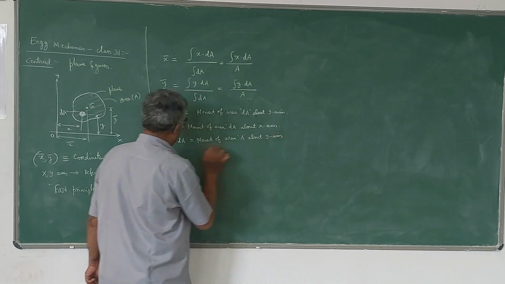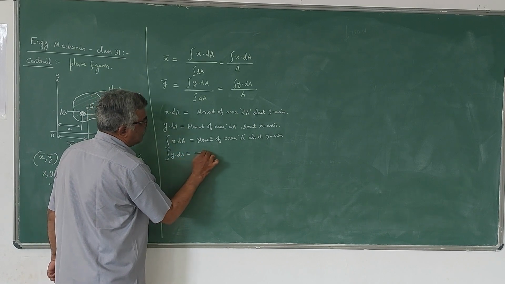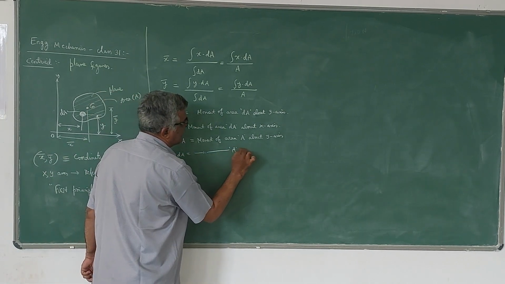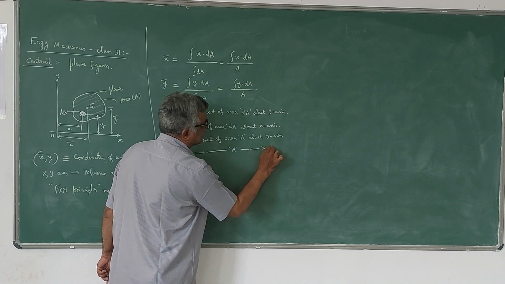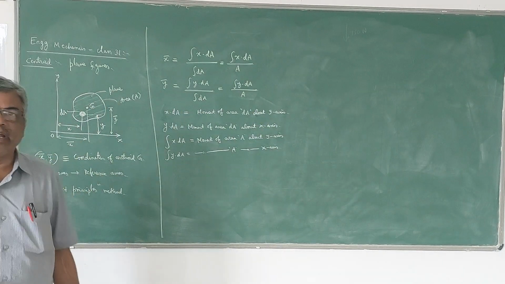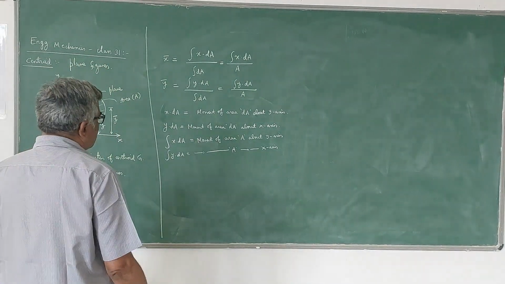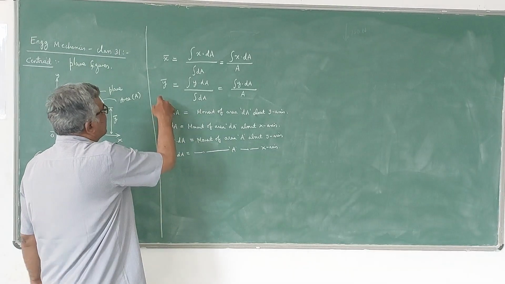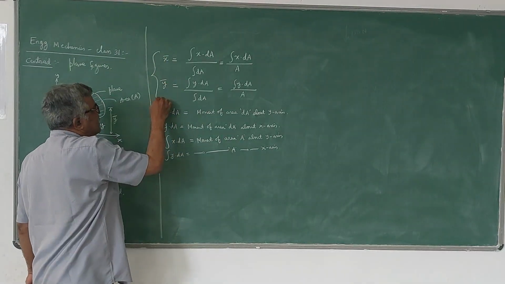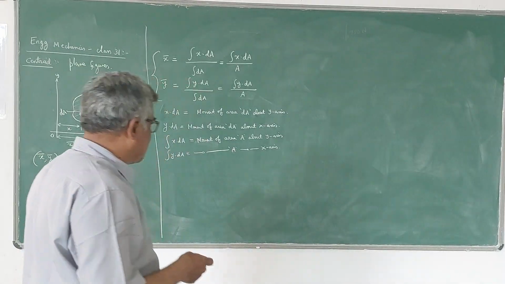Similarly, integral of y dA is the moment of area A about the x-axis. If you integrate the elementary area, you get the total area. This is how you can locate the coordinates of the centroid of any simple section.